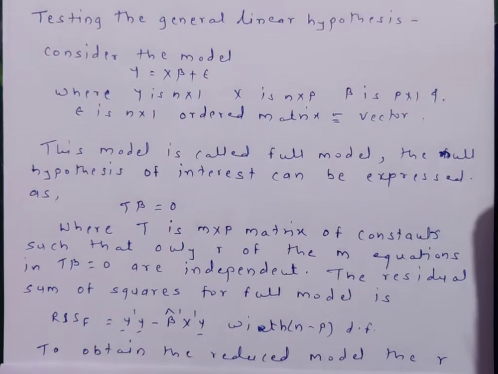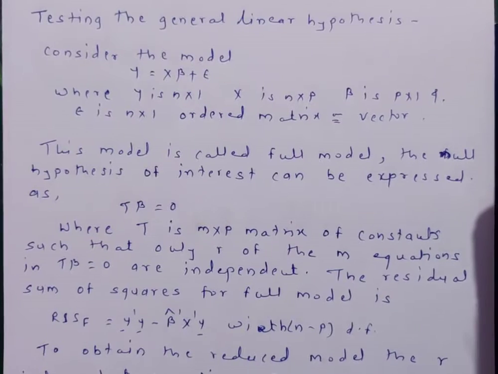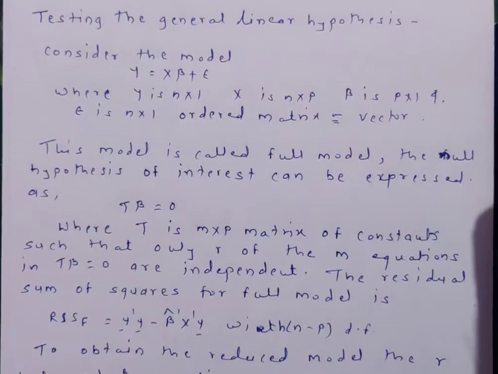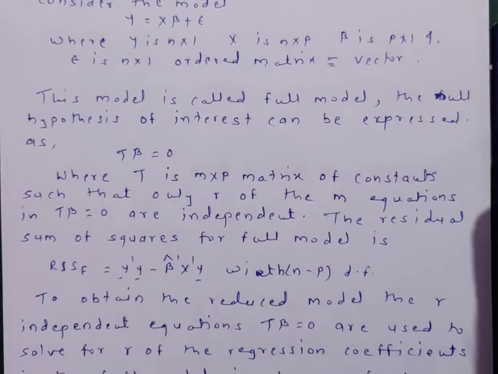Now, to obtain the reduced model, the r independent equations in T beta are used to solve for r of the regression coefficients in the full model in terms of the remaining p minus r regression coefficients.